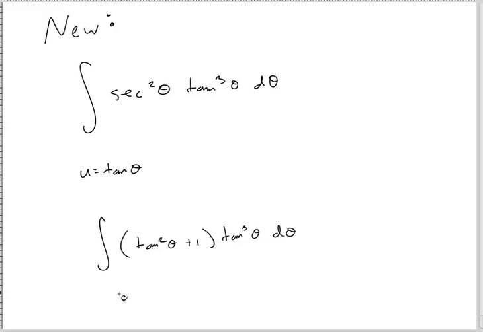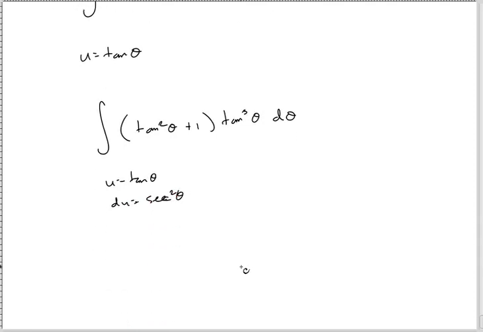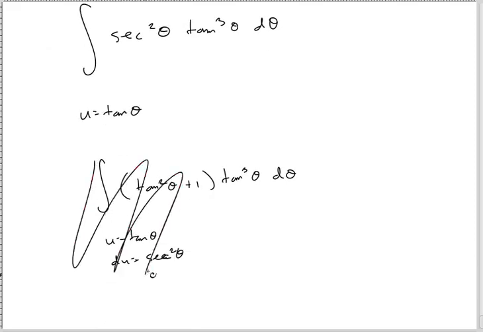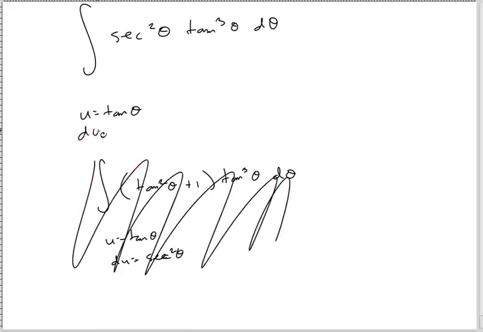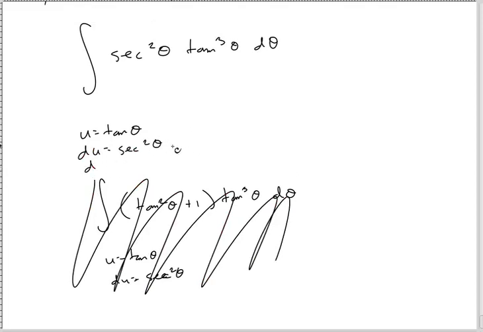So we got a u, got a du. What's the derivative of tangent? It's secant squared. Oh, I don't like what I did. Back up, back up. Let's just do it right here. I'm not into video editing, can you tell? So my d theta is going to be du over secant squared theta.